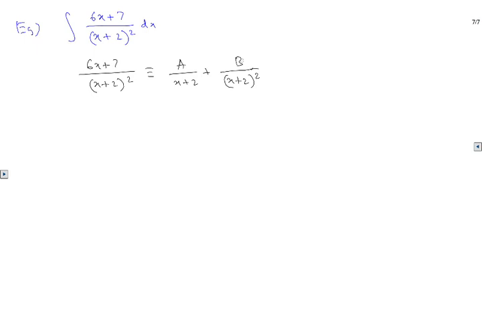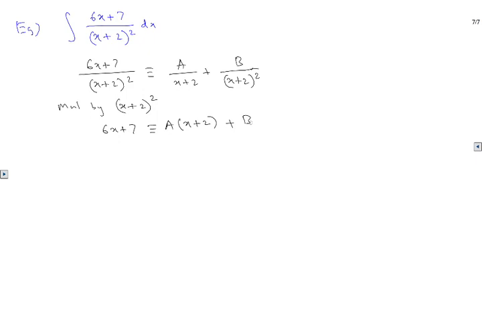Then we're going to multiply both sides by x plus 2 squared, and if you do that you end up getting 6x plus 7 equal a times x plus 2 plus b. Now we're going to substitute.